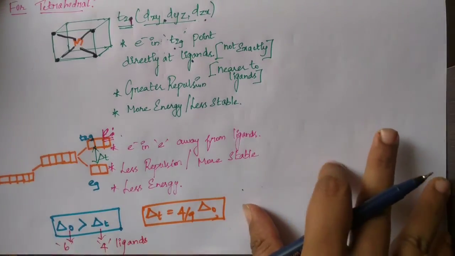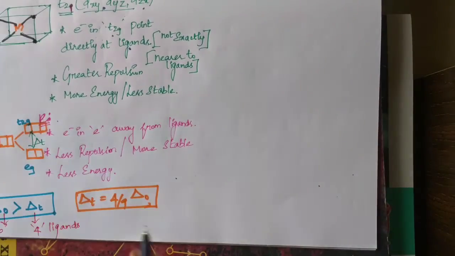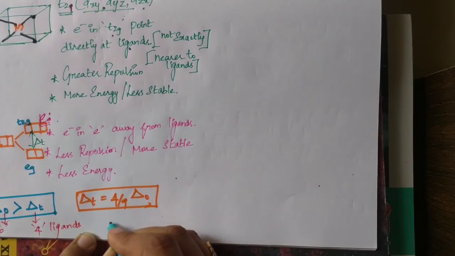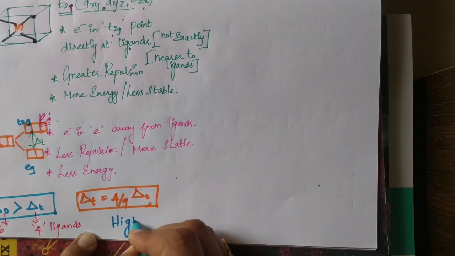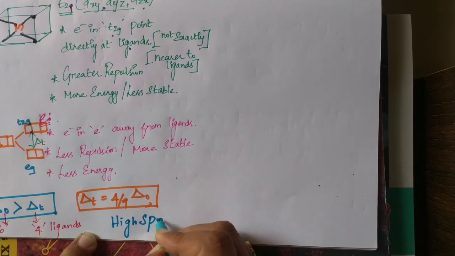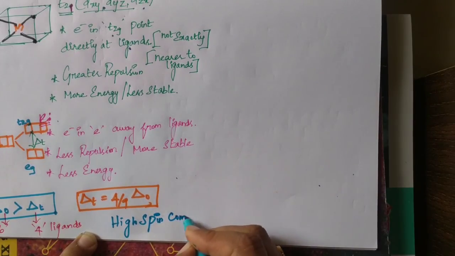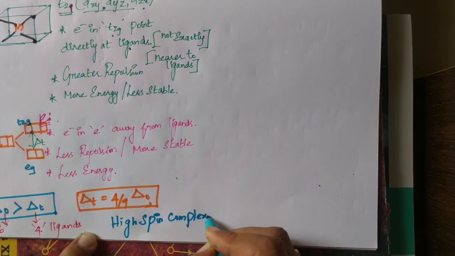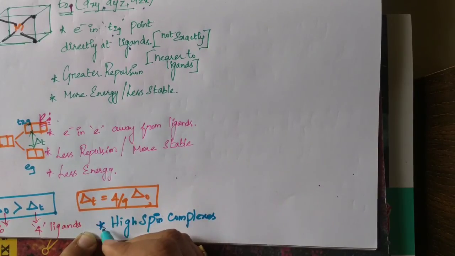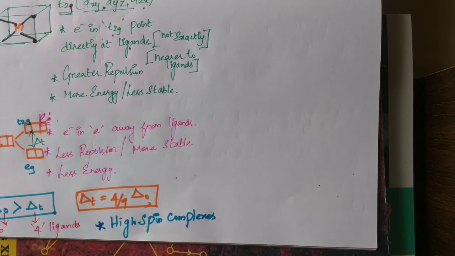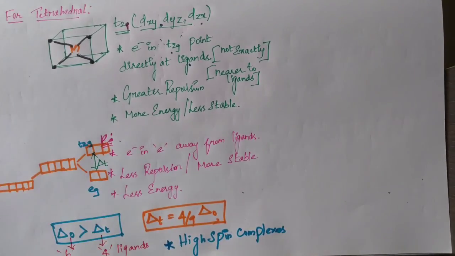Mostly tetrahedral complexes are high spin complexes and paramagnetic in nature. This is an important point. So why is g not used, students? There is no center of symmetry.